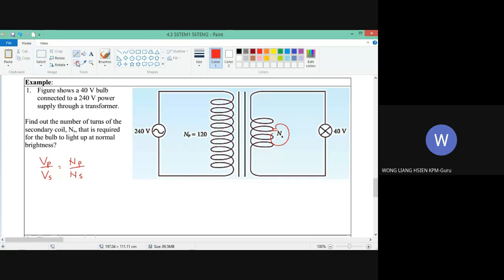So the voltage in the primary is this one. This is the primary voltage because this is the power supply. So 240 volt. Secondary, 40 volt. Number of turns in the primary coil, 120 turns. So how many turns in the secondary?